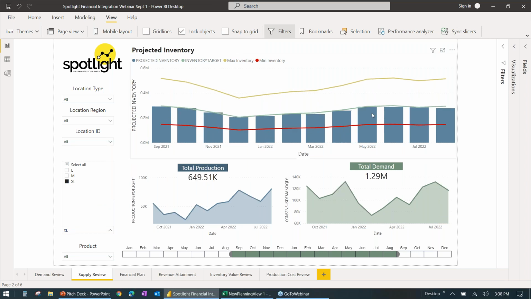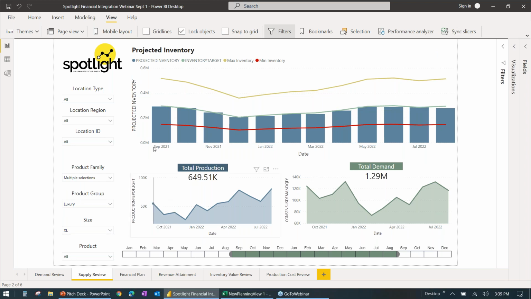That's the size, and I can see I'm hitting my inventory targets here. My total demand is sitting at 1.9, my total production sitting at 649. So I know I've got some type of a mismatch here where I'm not making enough to hit my total demand. I might want to go in and look to see if I've got enough inventory on hand, et cetera.